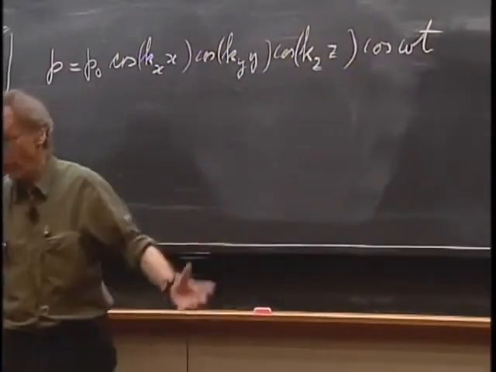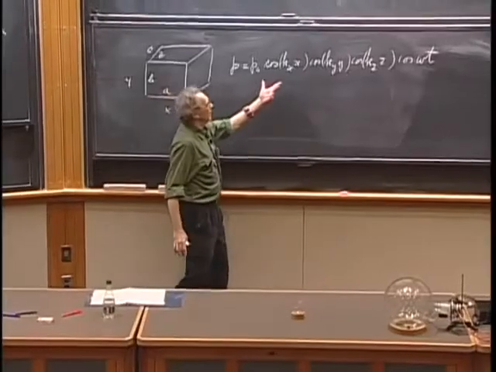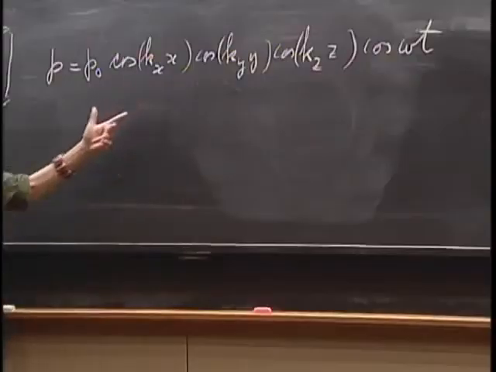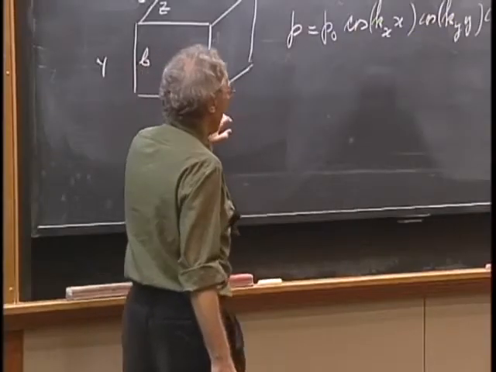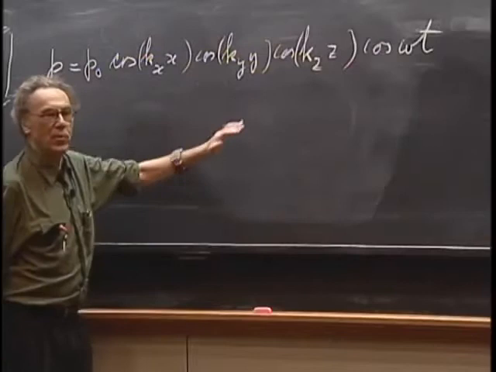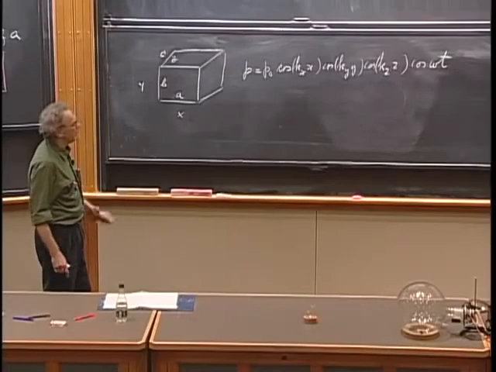And the reason why I already pick cosines is because I know that I want the antinodes when x equals 0 and when x equals a. I want the antinodes when y equals 0 and y equals b, and the same for c, for the z direction.